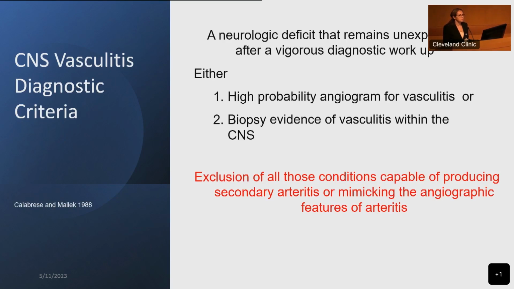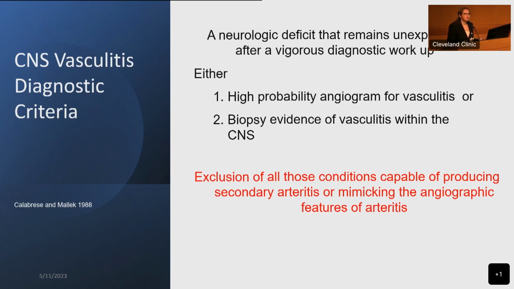But the most important thing that he put in the criteria is to rule out other mimics, even mimics that can cause abnormal cerebrovascular imaging and also can cause abnormal pathologic findings like vasculitis, which can happen in infection, and can happen also in malignancy.